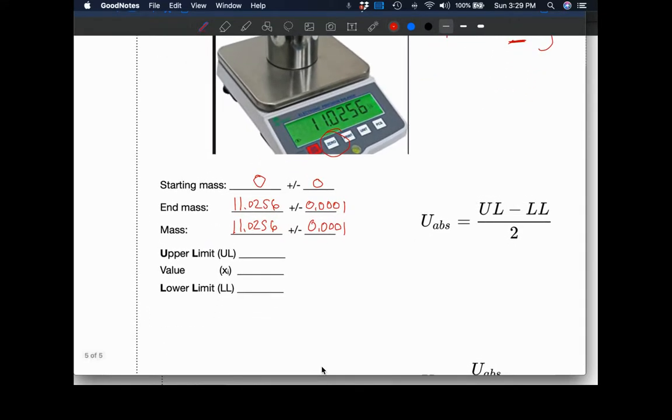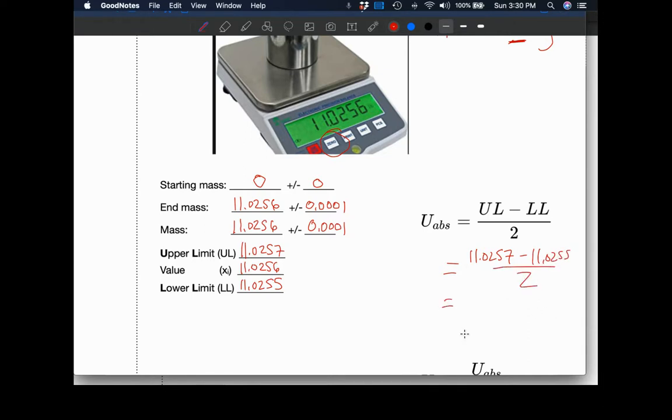So in this case, our value is 11.0256. The upper limit is 11.0257, and the lower limit is 11.0255. The upper limit, 11.0257, minus the lower limit, 11.0255, all over 2.